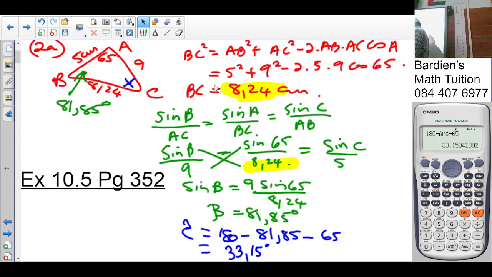If we cross multiply here, that was arc sine of 9 sine 65 over 8.24. Here they got 81 comma. No, they don't. It's the same as we have. Or if they use one decimal place, still not.